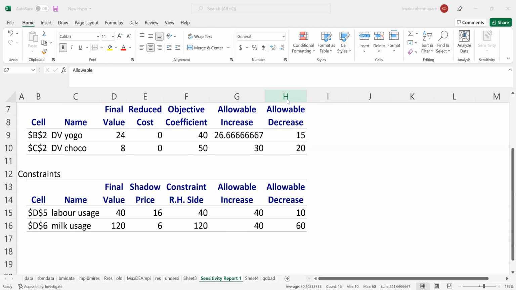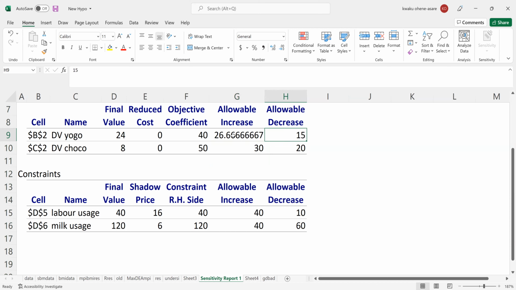I want to repeat that. The sensitivity range value, which is allowable increase and allowable decrease, has to do with the objective coefficient. So when you see the 26 and the 15, the 26 is an increase, the 15 is a decrease.